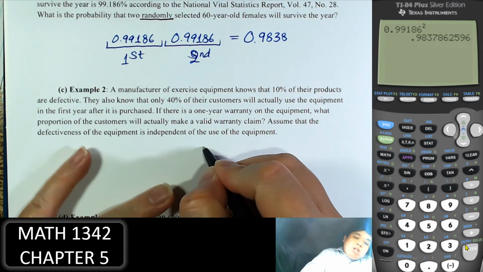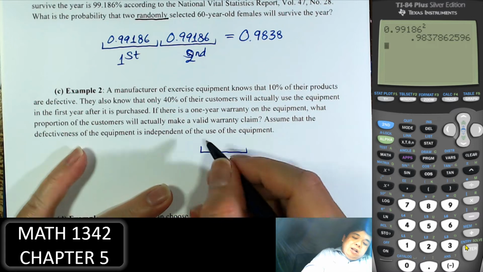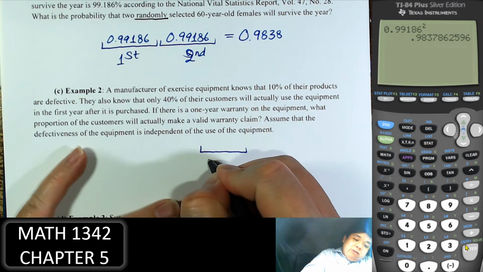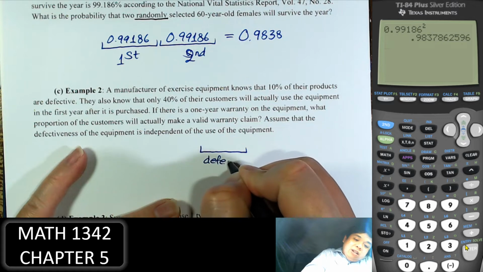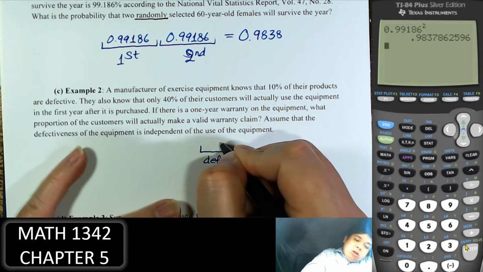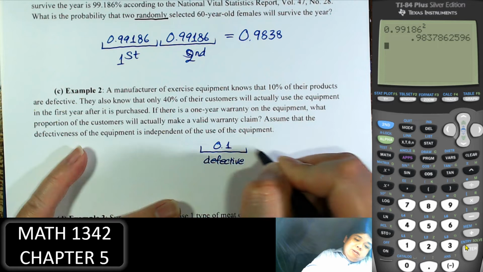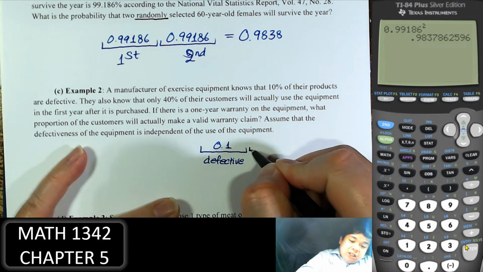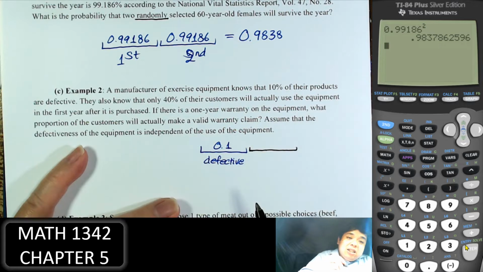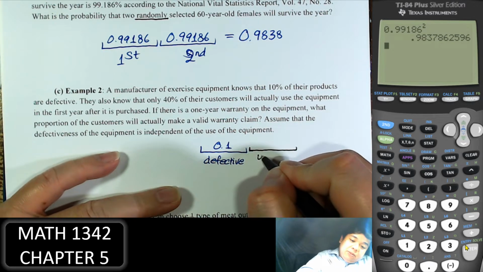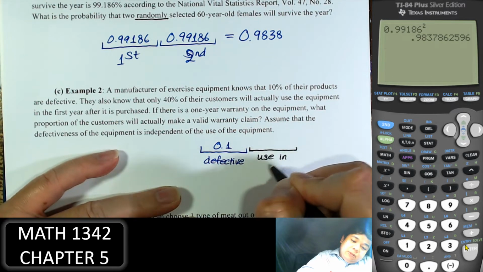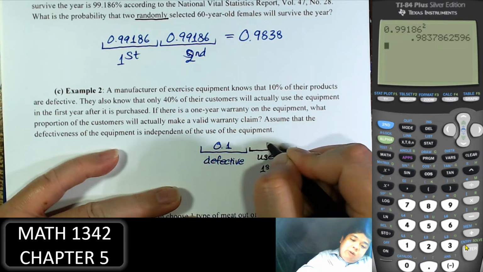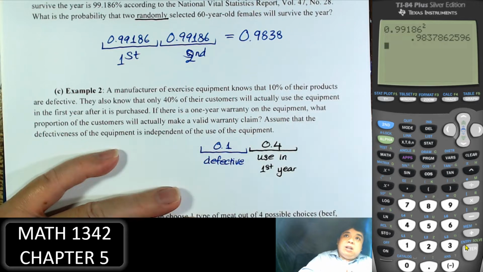So the first condition is that it has to be defective, and getting a defective one is only 10%. The second thing that has to happen is that it has to be used in the first year, and 40% of those who bought actually use it.